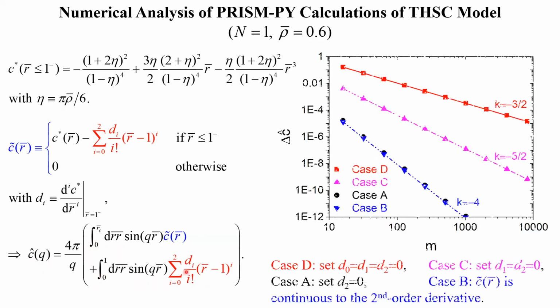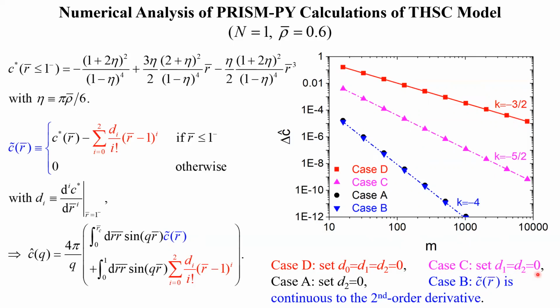This is a log-log plot of the root mean square deviation over all Q between the so-obtained C hat and its analytical result, versus the spatial discretization parameter M. In case D, we set all d sub i's to 0. That is, we do not account for the discontinuity of C R bar at all, and find that delta C hat decays with M to the power of -3/2. In case C, we account for the discontinuity in the value of C R bar but not its derivatives.